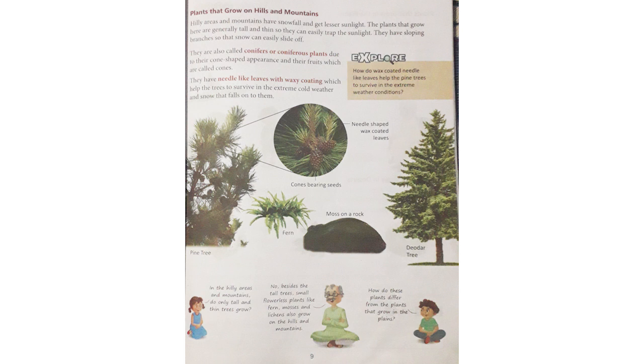They have sloping branches so that snow can easily slide off. So these are called coniferous plants because of the shape of the plant. They are shaped like a cone and their fruits are called cones.